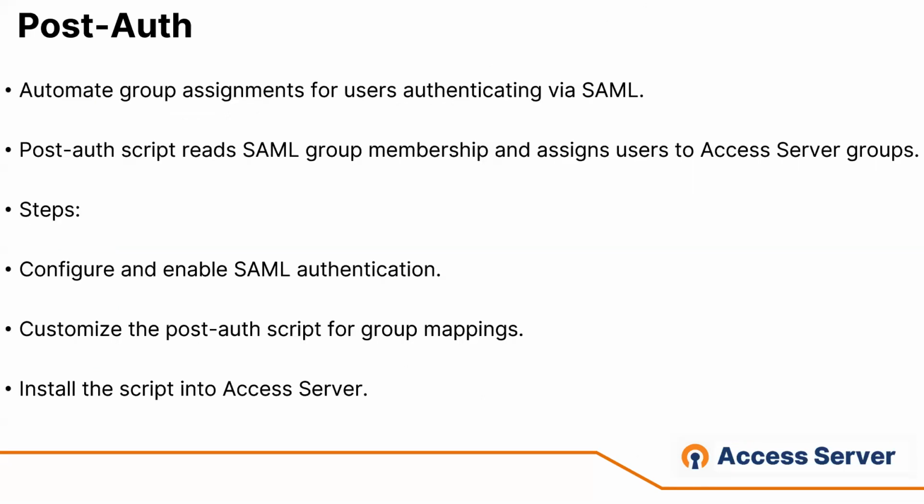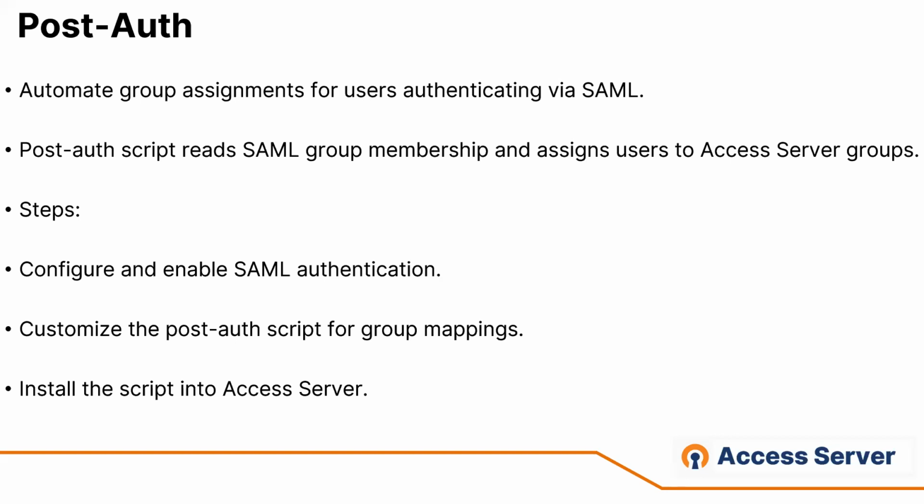Now, if we take our attention to a specific application of post-auth, in this slide you can see we're talking about steps for SAML authentication, and I'm going to show you the script in a second. So we're looking at SAML authentication and SAML group mapping. Imagine a scenario where a user authenticates via SAML, and based on their SAML group membership, they're automatically assigned to specific groups within the Access Server.